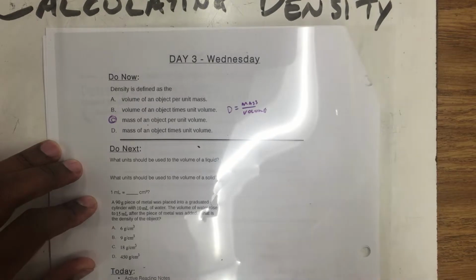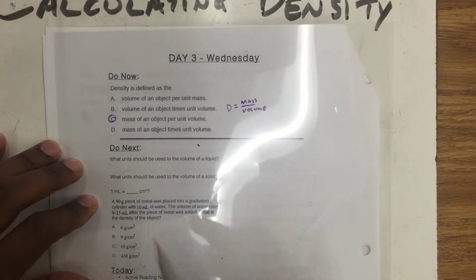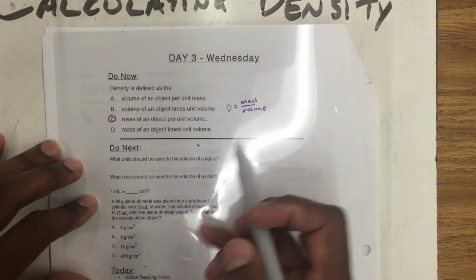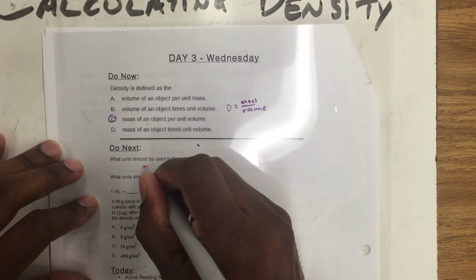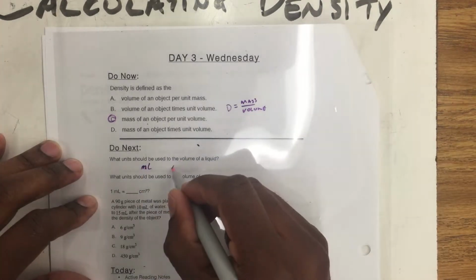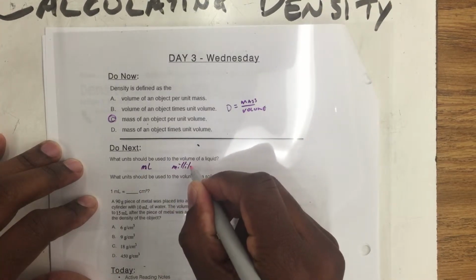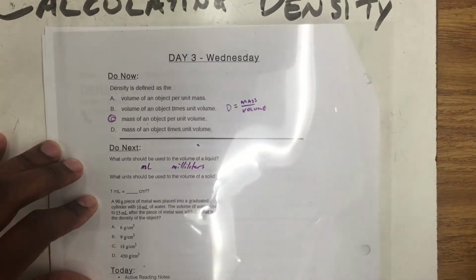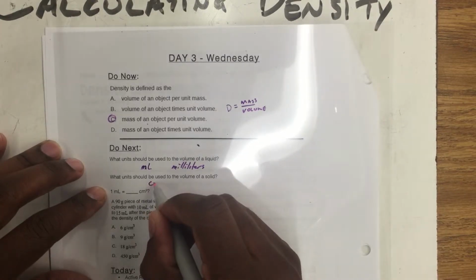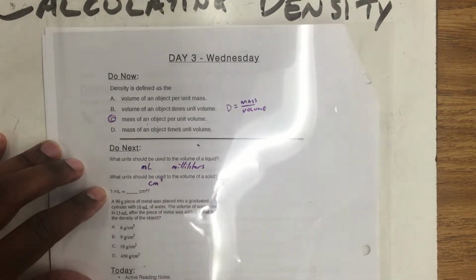All right, it says here for the do next question, what unit should be used for the volume of a liquid? And for most of our calculations, we're going to use milliliters, mL. You might have written it out. Either way, it's fine. And for the units that we use for a solid, we use centimeters cubed.